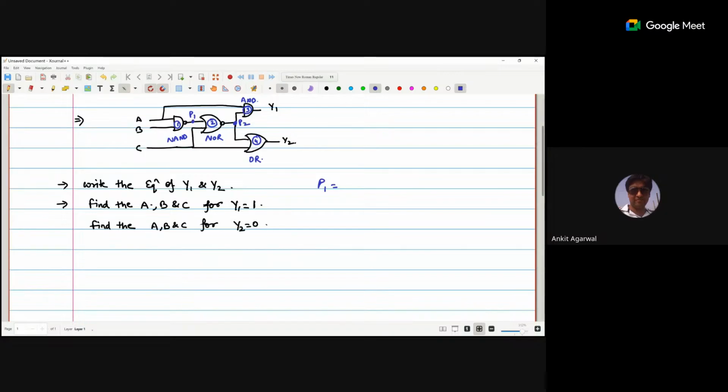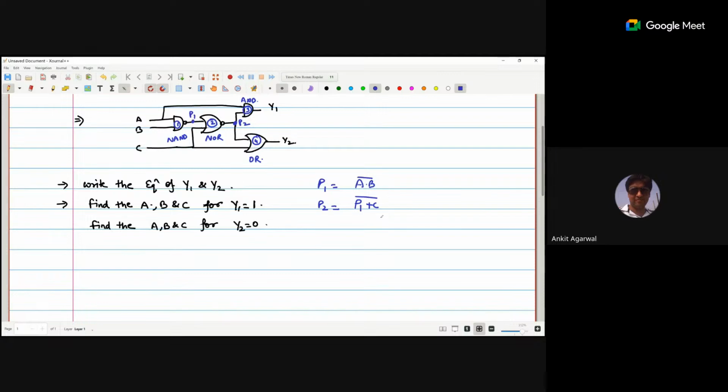So the first thing is that you have to recognize the gate property. Now we go with P. In P1, two inputs are available, A and B, and a NAND operation is done. So I say P1 equals (A dot B) bar. This is the equation of NAND. Now in P2, P1 is NORed with C, so P2 equals (P1 plus C) bar. This is the NOR operation.